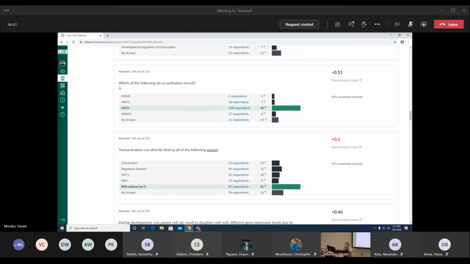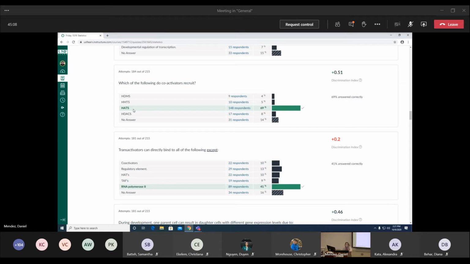Okay. Which of the following do co-activators recruit? I'm so happy to see a lot of you got this right, because HATs and HDACs are not going away. We still need to remember those. Co-activators are trying to activate transcription. If we're going to activate transcription, we need loose or decondensed chromatin so that we can have access to the DNA.